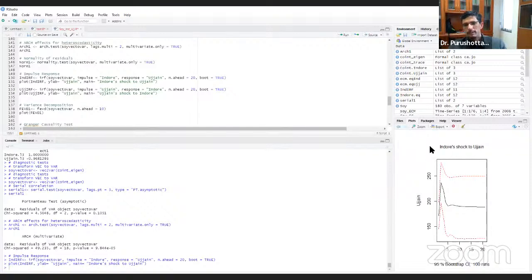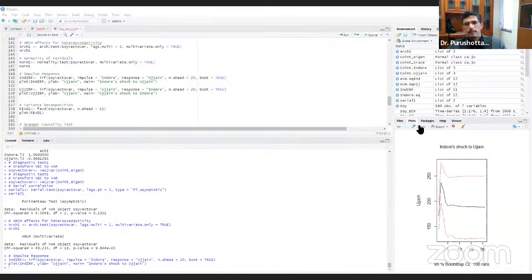So this one is the response of Indore market to shocks in Ujjain. So with any shock in Ujjain, an increase in Ujjain, the Indore market also responds similarly and then decreases.